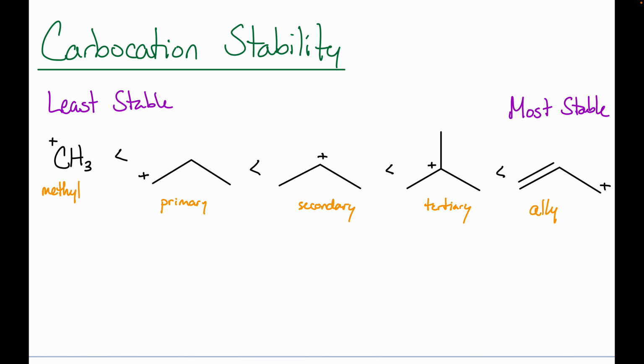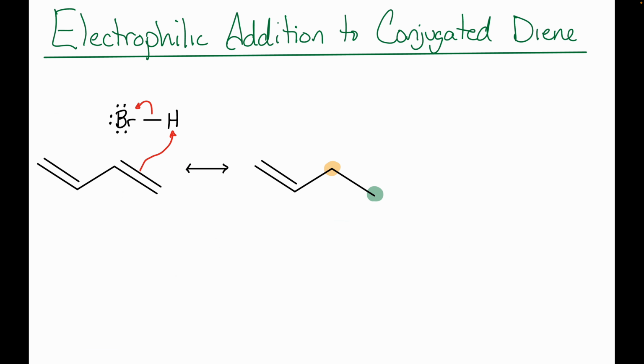What we call an allylic carbocation. So in this particular example, it does happen to be both allylic and more substituted, but we're going to make a note here that this is a big difference between what we saw with alkenes and what we saw with our conjugated dienes. We're always going to get an allylic carbocation intermediate.